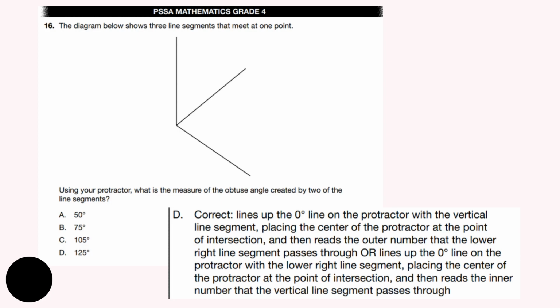Or line up the 0-degree line on the protractor with the lower right line segment, placing the center of the protractor at the point of intersection, and then read the inner number that the vertical line segment passes through. So the answer is D, 125 degrees. That is using the protractor, and you can measure easily.